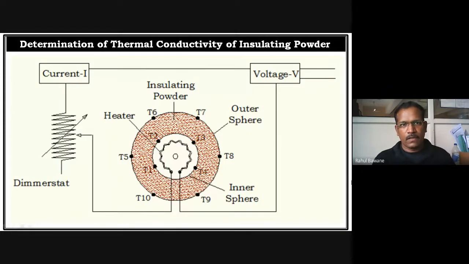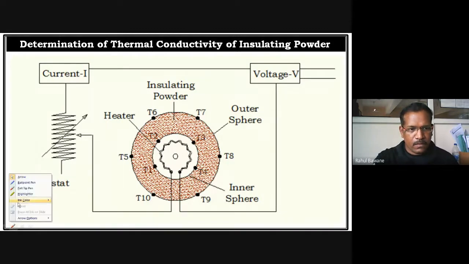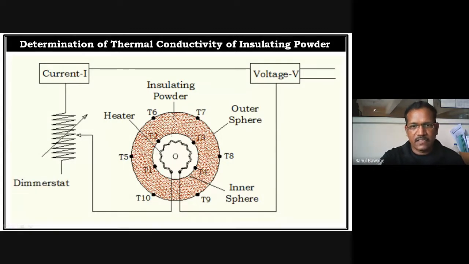Next, this is our experimental setup, the exact experimental schematic. In our setup there are two spheres, an inner hollow sphere and a second outer hollow sphere. In the annular space between these two spheres, asbestos powder is packed.